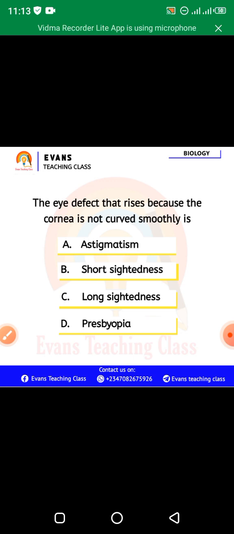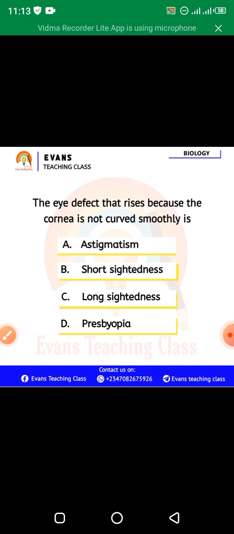Also option C, long-sightedness, also called hypermetropia, is a condition whereby the image is formed at the back of the retina, instead of on the retina. It can be corrected by using a convex lens, or a converging lens, which is the same thing as a convex lens.